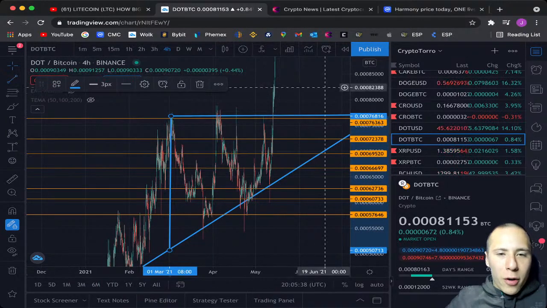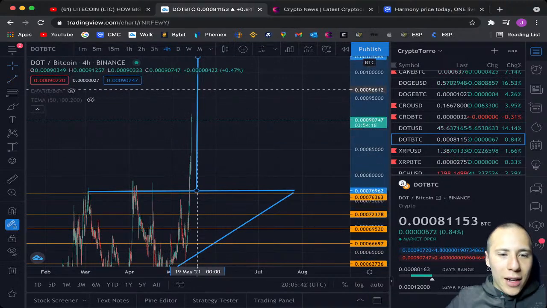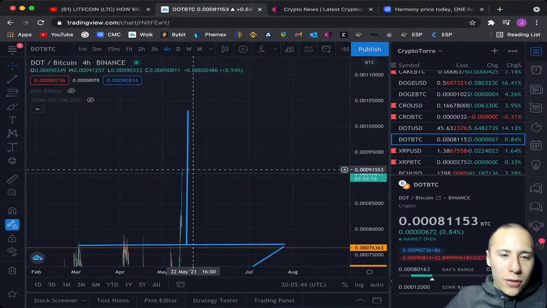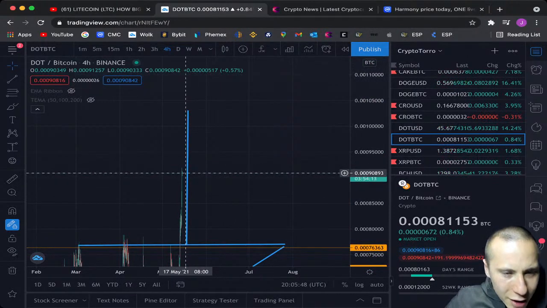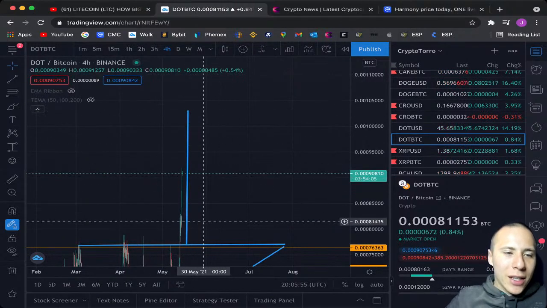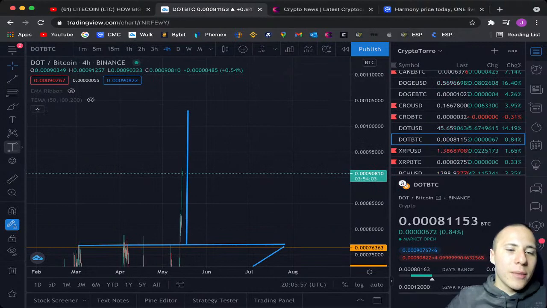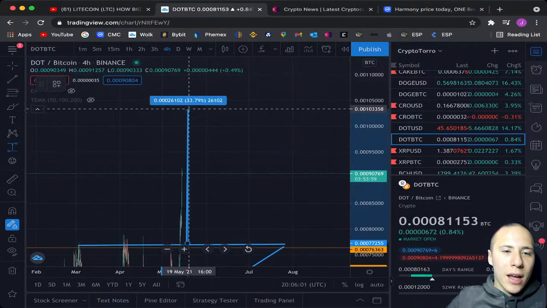Almost running out of power? Well, not at all actually. We are a little bit above halfway of this trend, and if we go all the way up, this is a huge move of Polkadot on the Polkadot compared to Bitcoin chart, and that would be a potential move of approximately 33%.